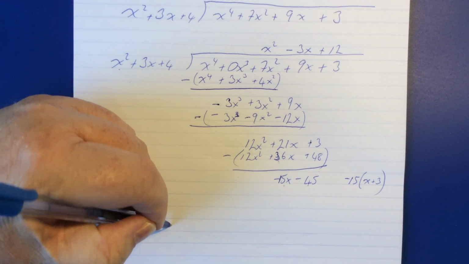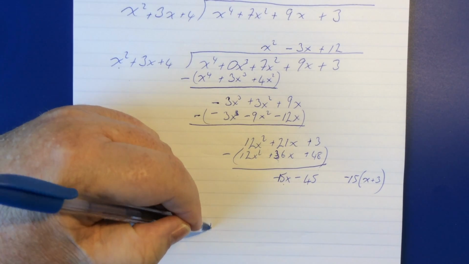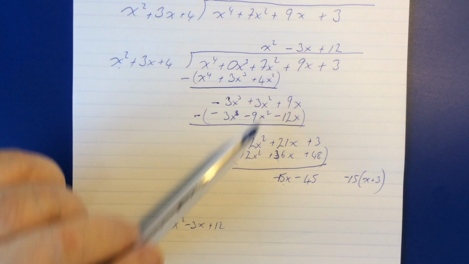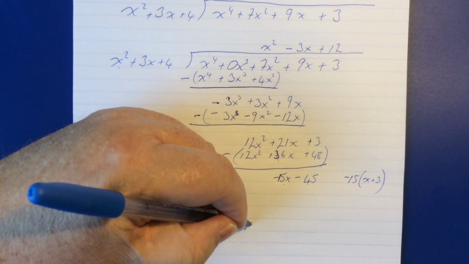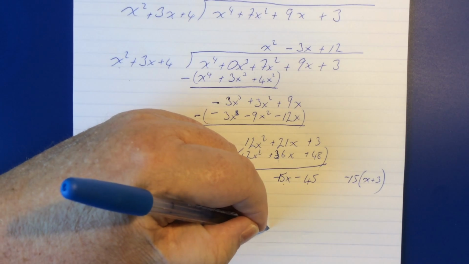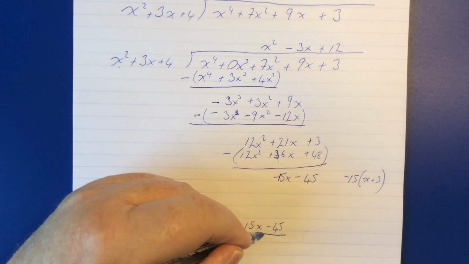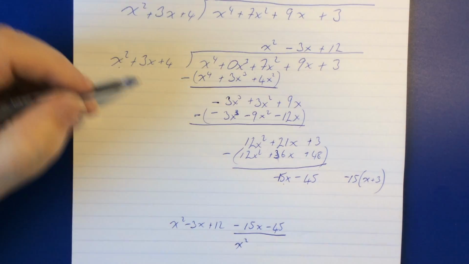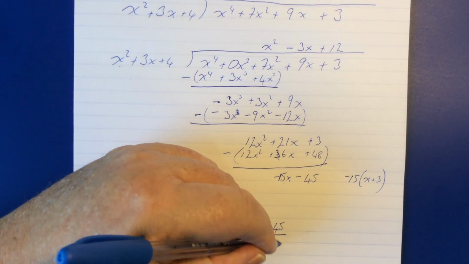So the answer is x squared minus 3x plus 12, which we get from here, minus 15x minus 45, over x squared plus 3x plus 4.